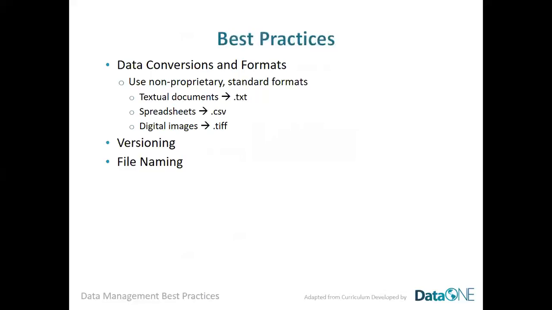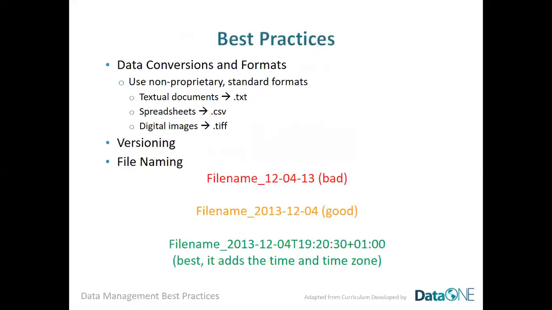Also, make sure that you version your files properly by indicating in the file name what the version is. And then remember the file naming conventions that I talked about earlier, and there are a few examples here I wanted to point out. This is about the date time format that I wanted to point out.